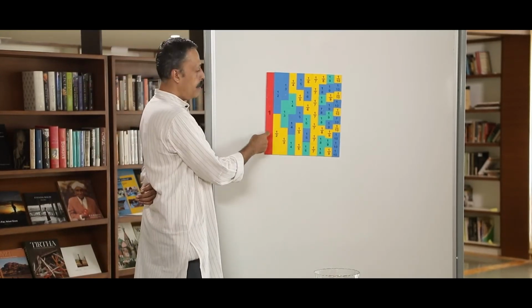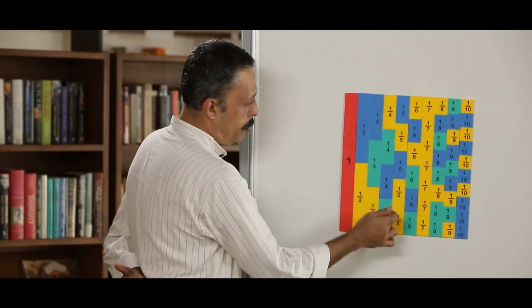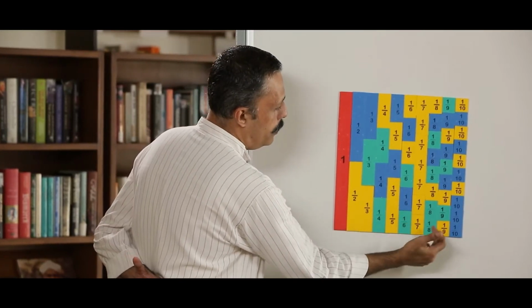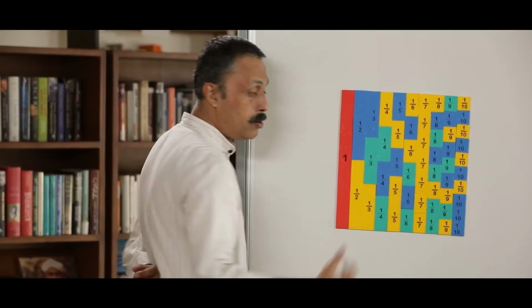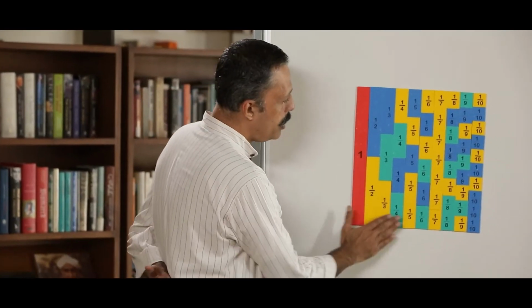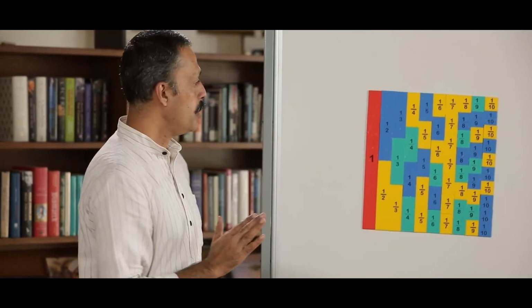That is, this single full object is divided into 2 portions, 3 equal portions, 5 equal portions, 6, 7, 8, 9, and 10 equal portions. Through this, we can clearly understand the method of writing fractions.